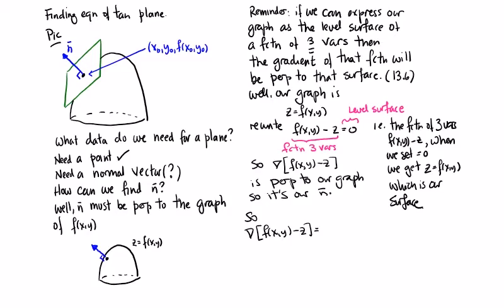Take the derivative with respect to x, which is f sub x i, derivative with respect to y, f sub y j. Now, the z vanishes in both cases because the derivative of z is 0 with respect to x and y. But when I do the final derivative with respect to z, I just get minus 1 k. So this is our n.